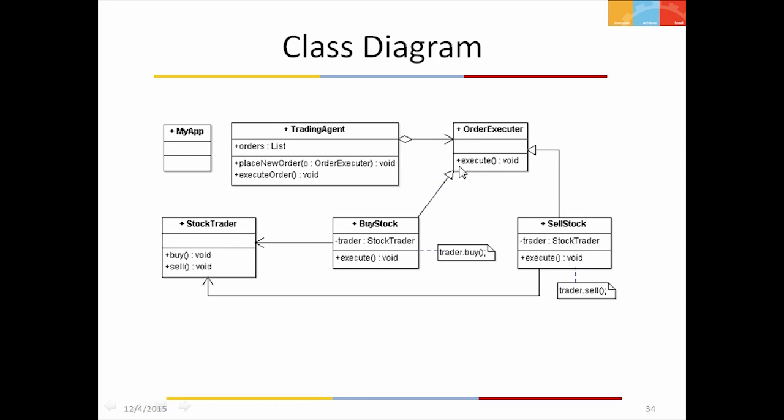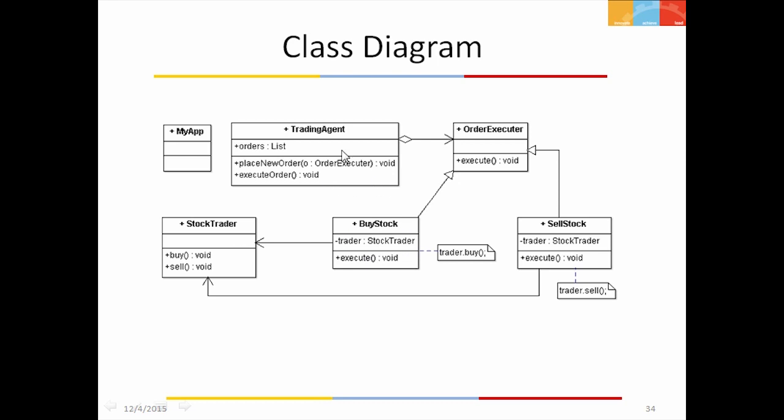Obviously, in the base class, there is nothing inside the execute method, or maybe even if it is there, it might be some basic primitive operation. So we have this buy stock and sell stock. These are essentially the commands which are going to be executed.